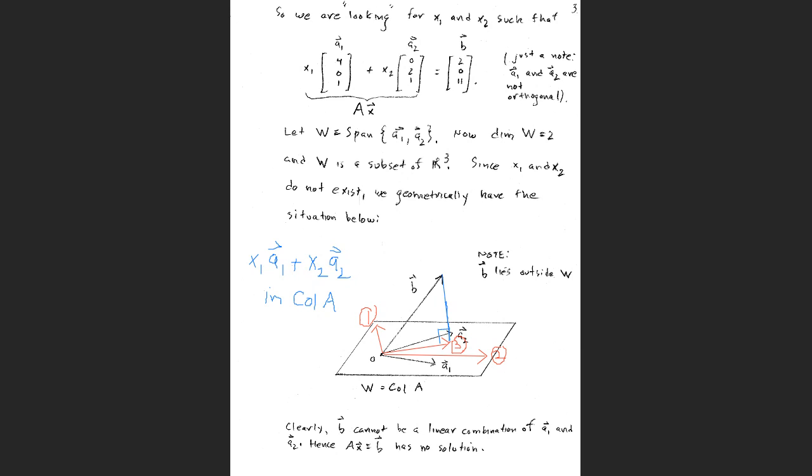Okay, Haley, that's right. Vector 3 is the projection of the vector b onto subspace W. It is, because we have this right angle here.